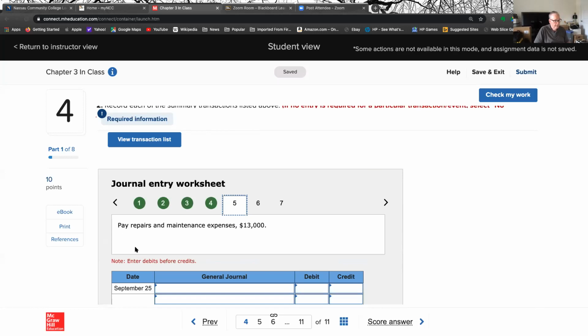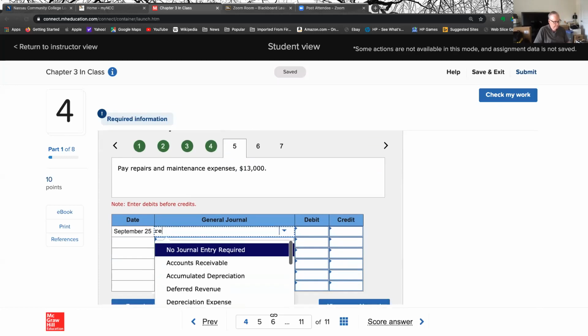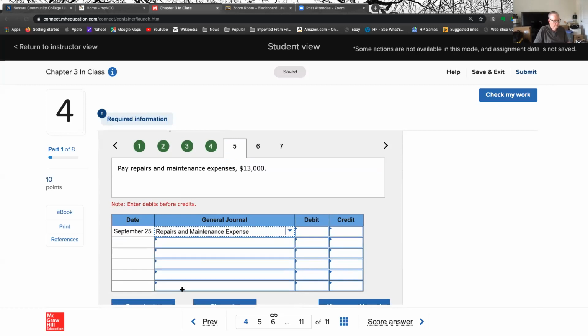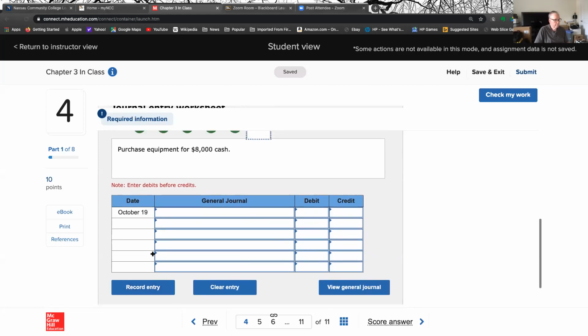Pay means credit cash. Pay repairs and maintenance expenses. Repairs and maintenance expense. And pay always means credit cash.